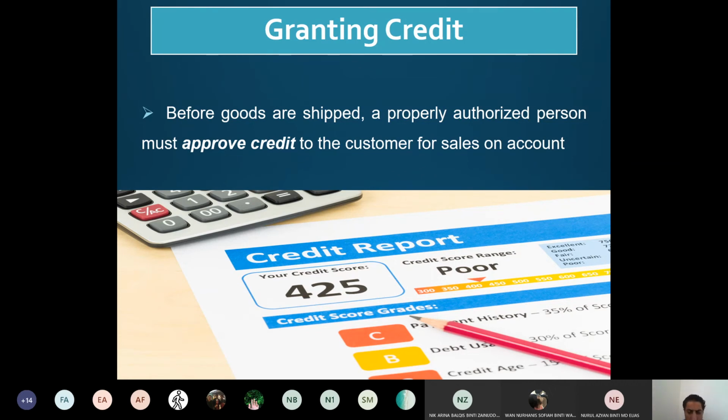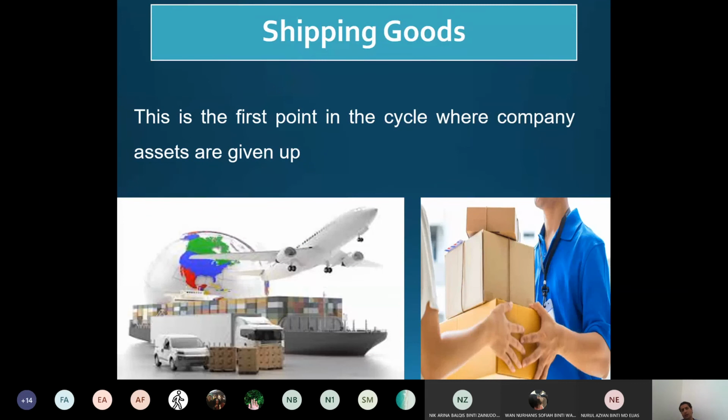That's what we call credit risk management. We need to manage that, and it should be based on certain factors that affect it: the size of the company, the type of business, as well as the customer's credit history, credit age, and so on.